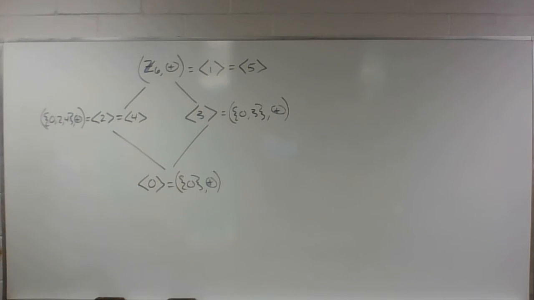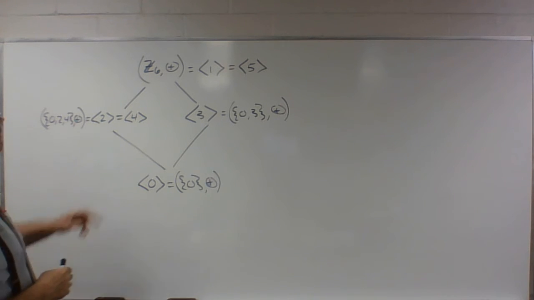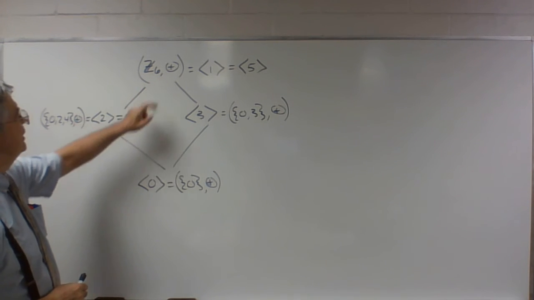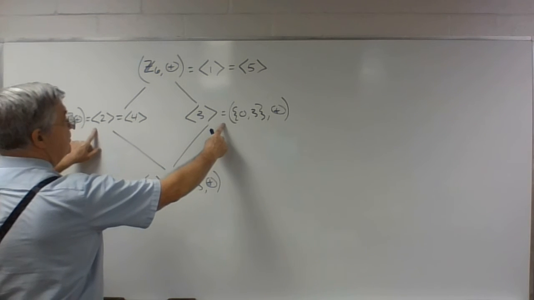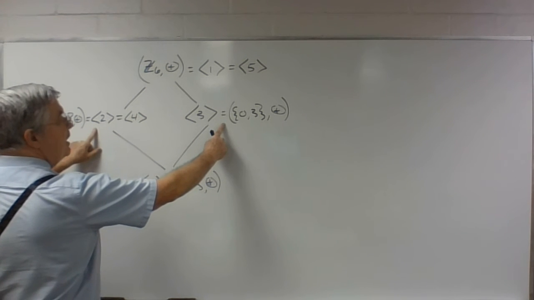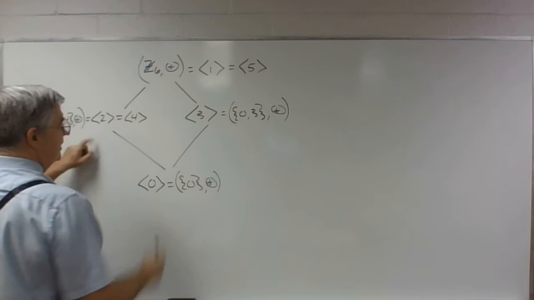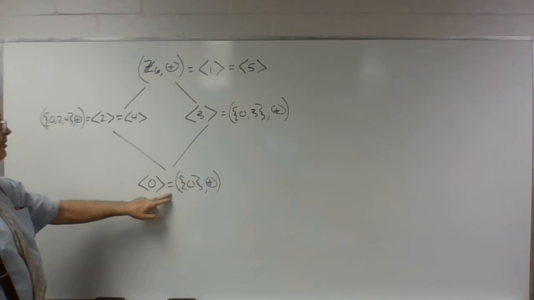So there's the subgroup structure of Z6. Essentially, Z6 has 2 subgroups that are proper and non-trivial, plus 1 proper subgroup that is trivial.